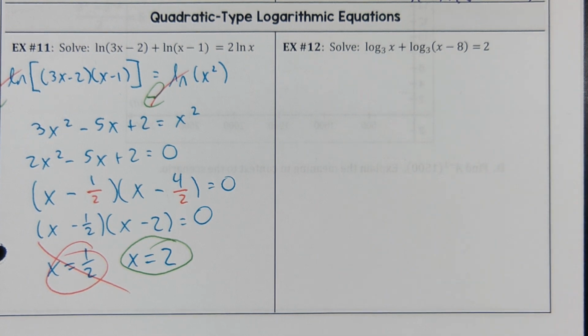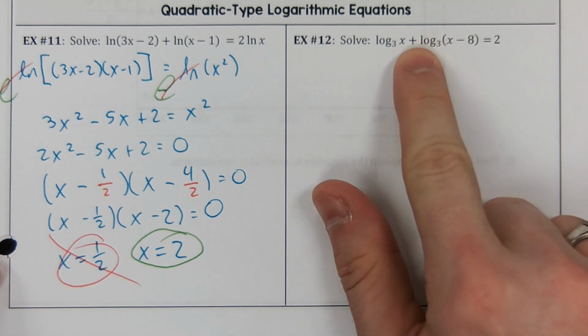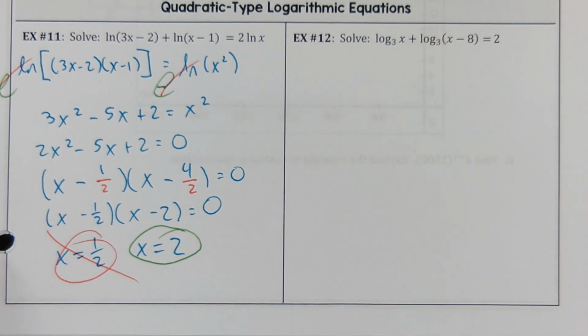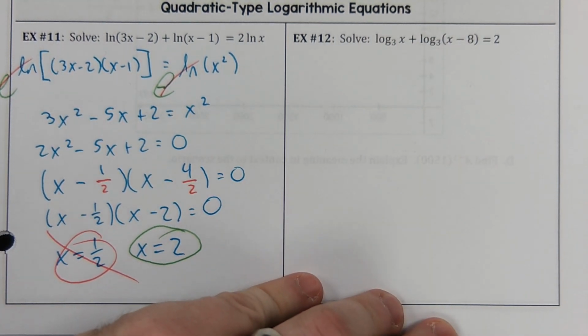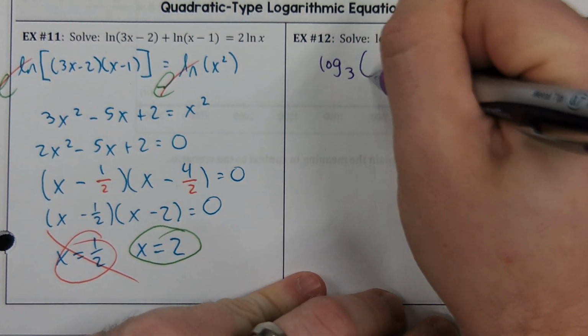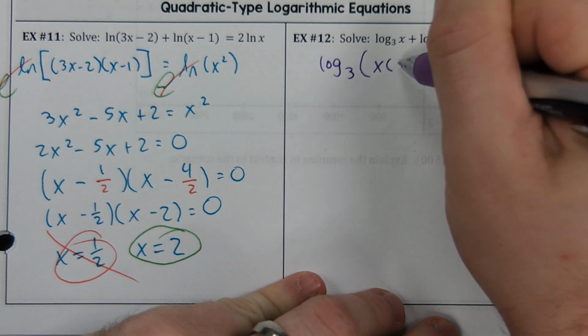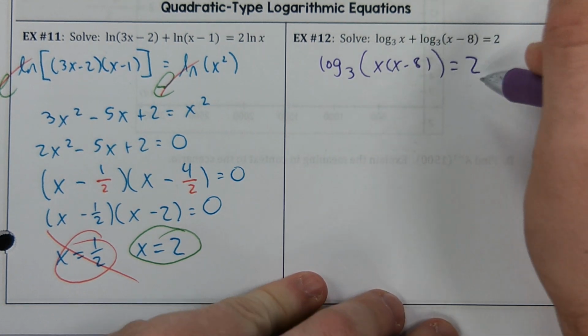I'm going to pause the video while I'm waiting for people to catch up with me. Just like the last one, I can't cancel the logarithms until they're alone. So just like the last one, I'm going to condense. That's going to give me log base 3 of x times x minus 8 equals 2.